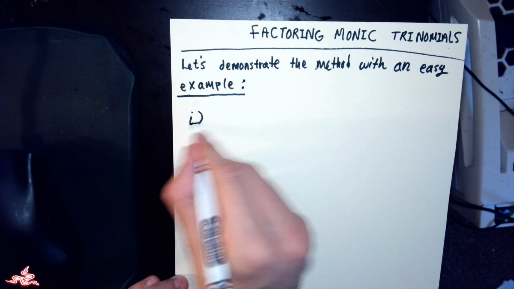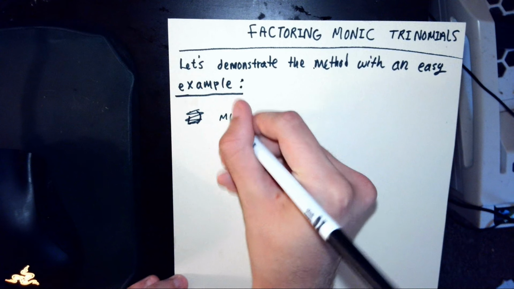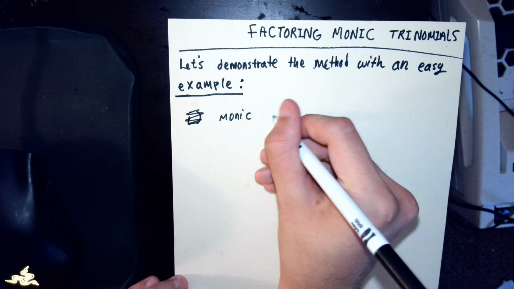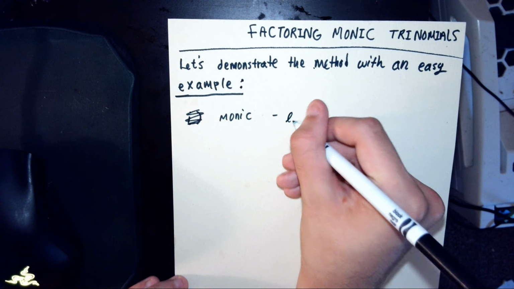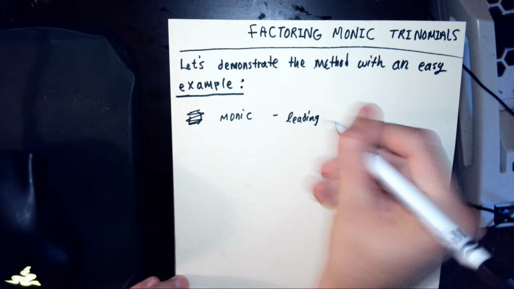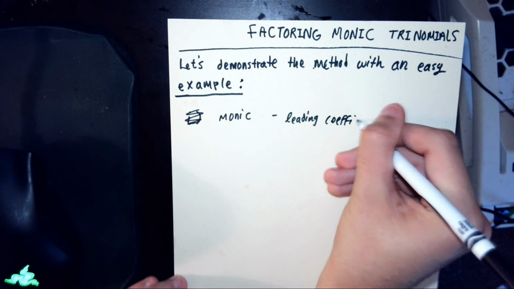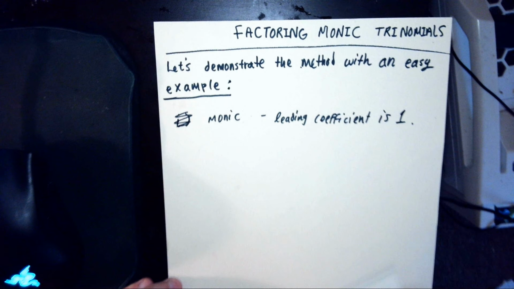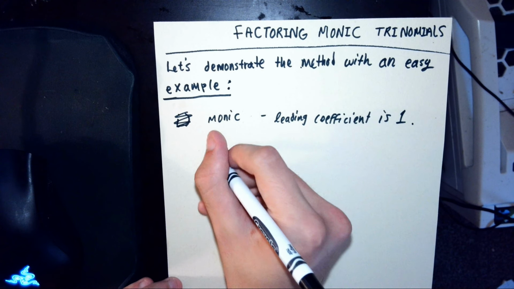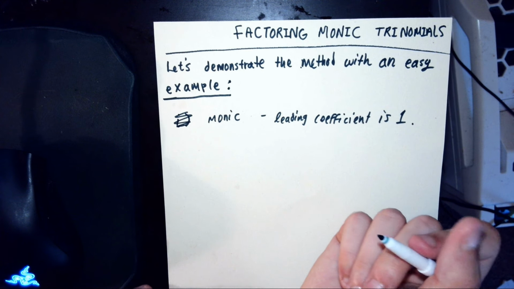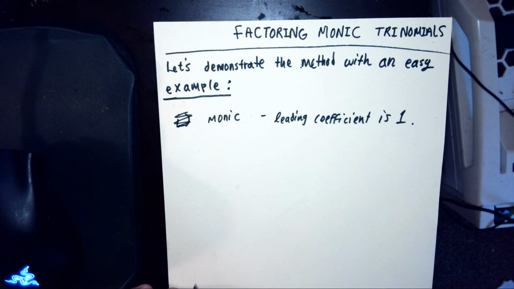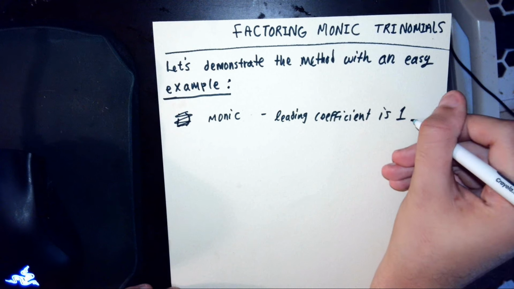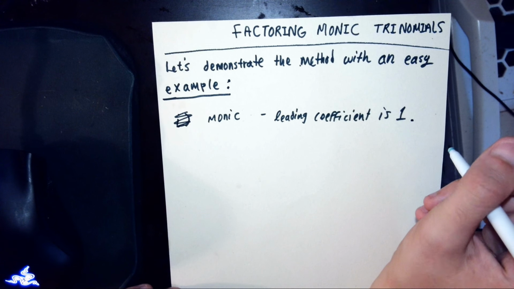To start, we'll say that monic means that the leading coefficient is 1. And the leading coefficient is the coefficient of the highest power of the polynomial.